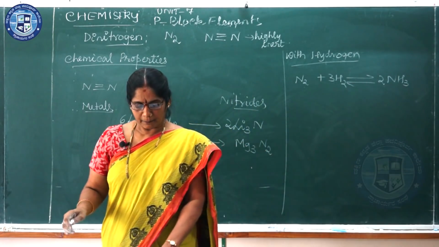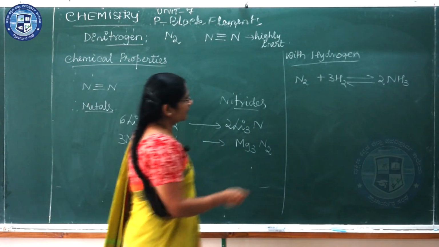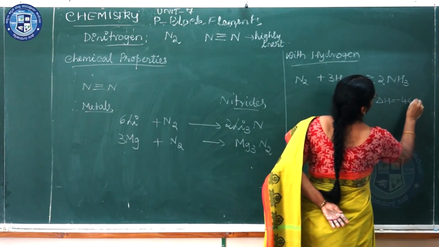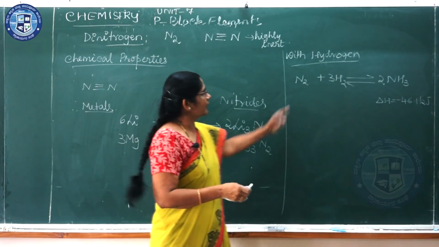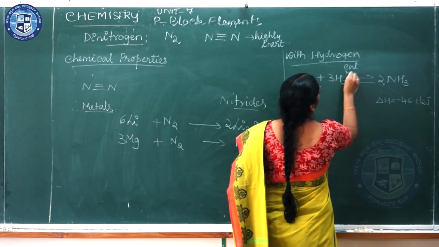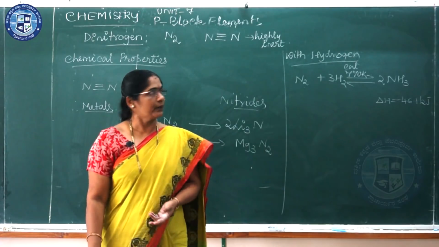It's a very important reaction where 46.1 kilojoules of energy per mole is given out. So nitrogen is mixed with hydrogen in the presence of a catalyst at around 770 Kelvin temperature to give ammonia.